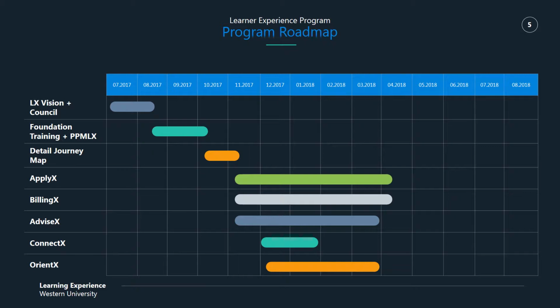And then we want to make sure that we have training in place and our projects have visibility before we can begin a detailed journey map, because at that point the council and all the trained employees are going to want to give feedback into what that detailed journey map looks like. Then at this point, we can move forward with all of our other various projects that we have initially set up for our program.